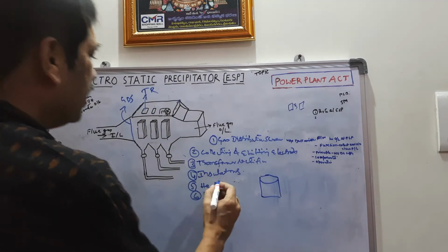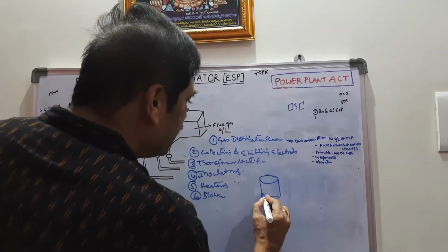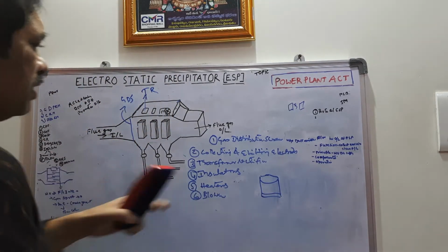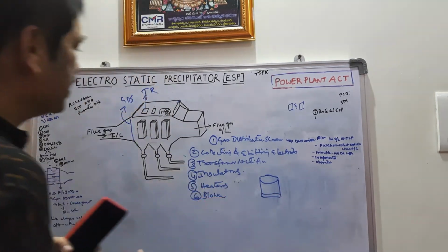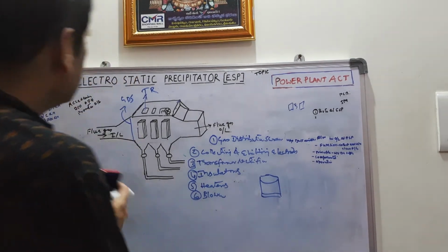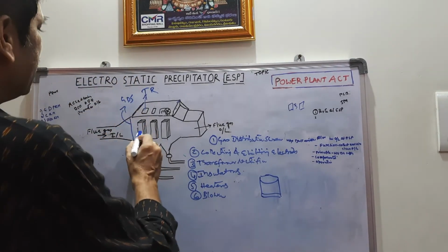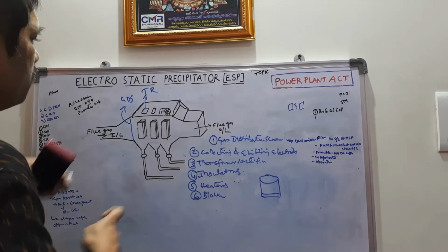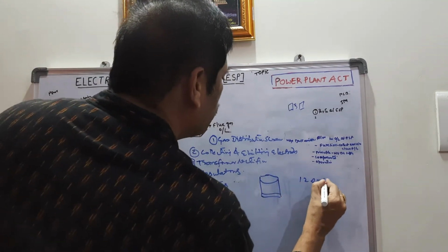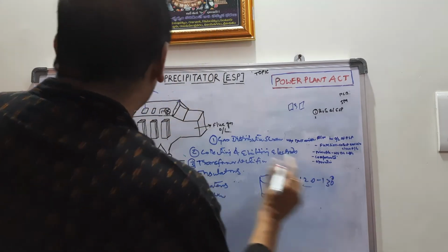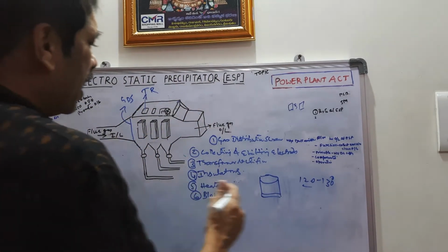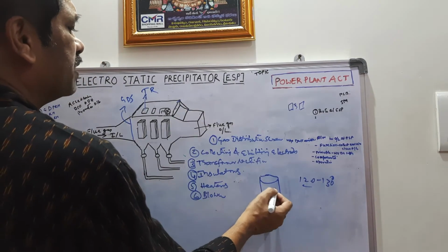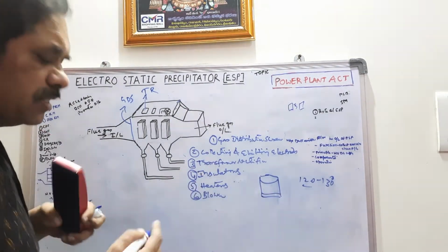and heaters are provided at the bottom of these insulators. The reason for these heaters is that the temperature inside the ESP is around 120 to 130 degrees, and outside of the ESP and inside these insulators, the temperature is low.